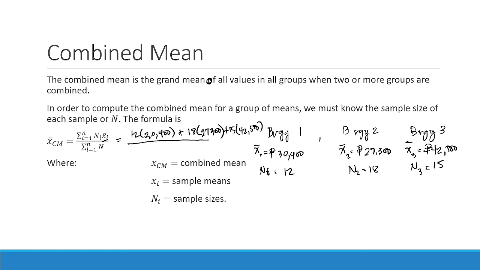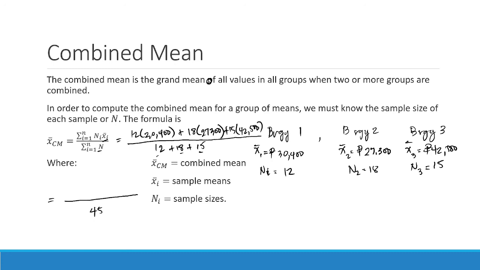Then we just need to divide that by 12 plus 18 plus 15. Bakit yung mga yan? That will be our n's. This is n1, n2, and we have there our n3. So, pag kinumpute natin to, yung baba actually dito ay 45. So, we have here 45.